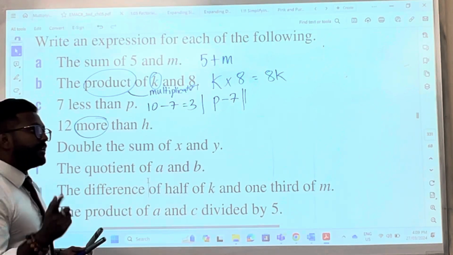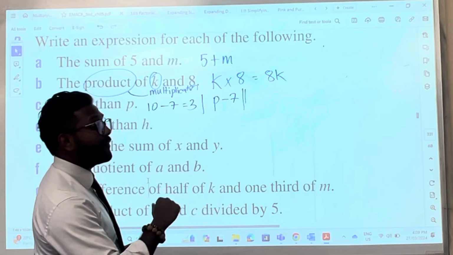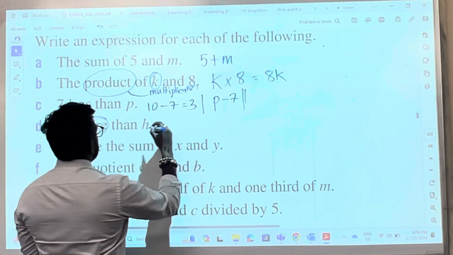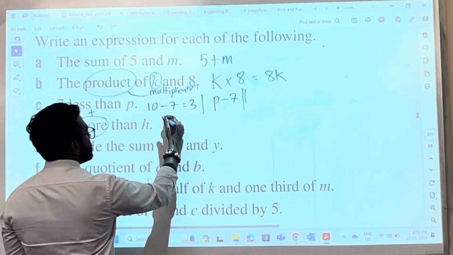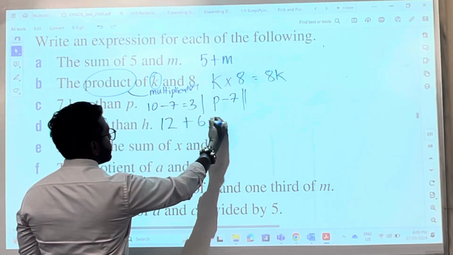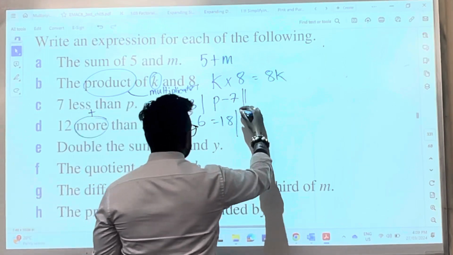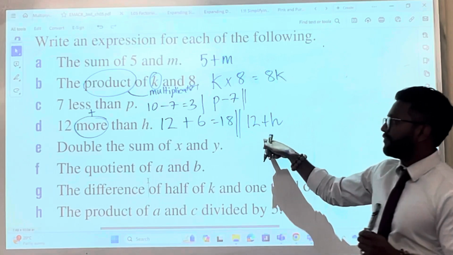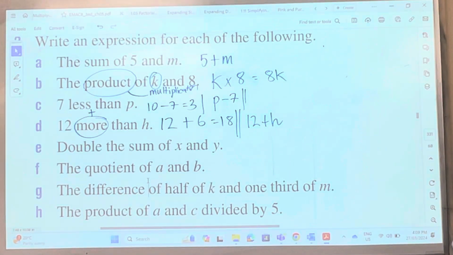What's going to happen? It means 10 plus 5, sorry. So in other words, you're going to go addition. If I said 12 more than 6, that's going to be 18. What do I have here? 12 more than h. We've got an h, we've got a letter.